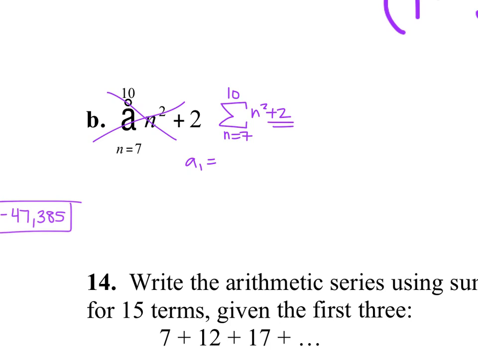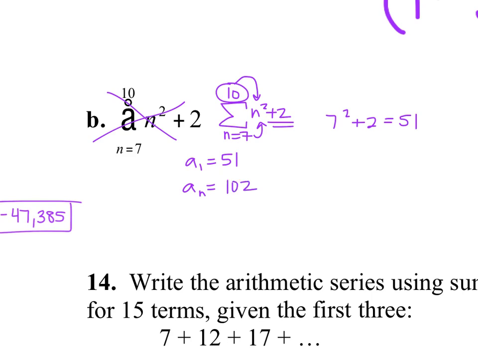So a sub 1 would be when we plug in a 7 here. So 7 squared plus 2 is 51. Okay, so our first term is 51. A sub n, our last term, we're going to plug in a 10 here. So 10 squared is 100 plus 2 is 102.